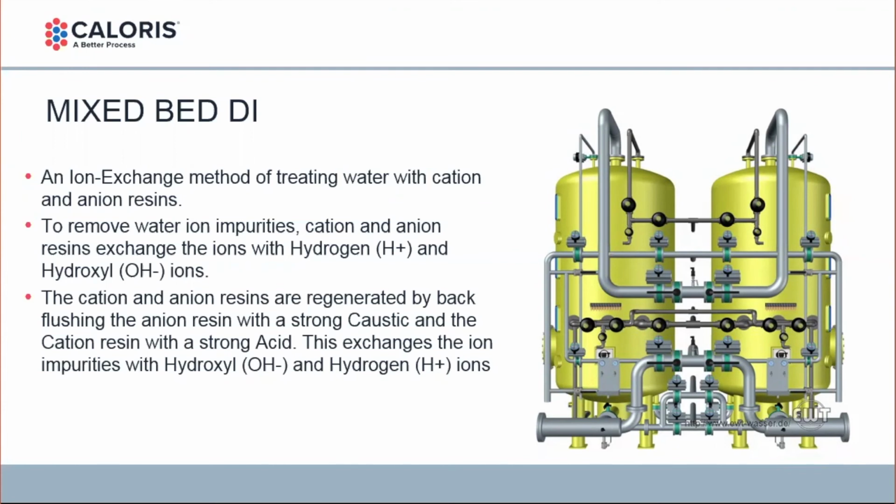The cation and anion resins are regenerated by backflushing the anion resin with a strong caustic and the cation resin with a strong acid. This exchanges the ion impurities with the hydroxyl and hydrogen ions. And I can tell you the regeneration is a lot more complicated than what I just said there.